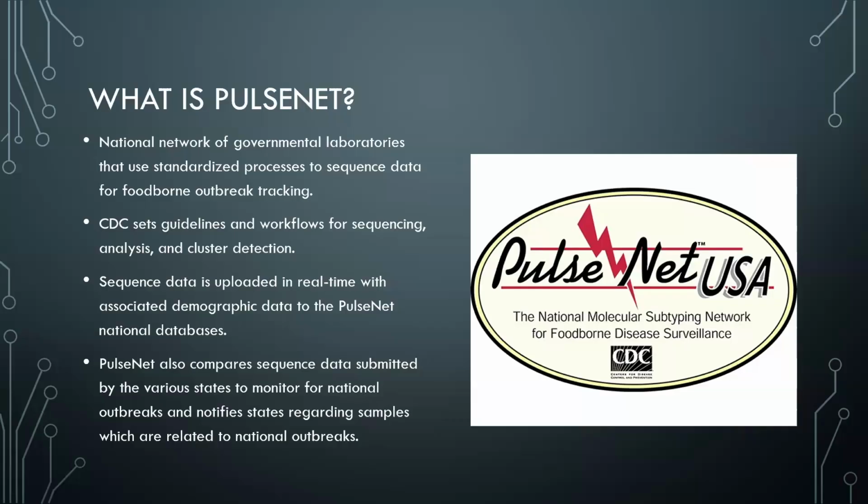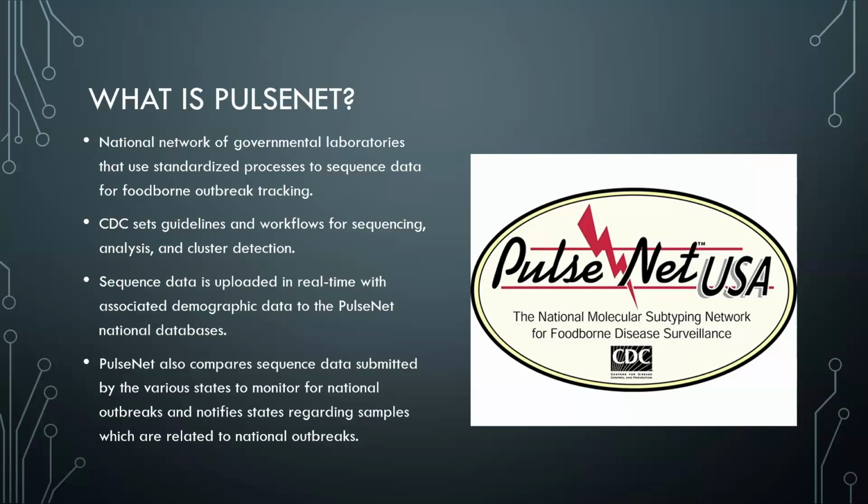PulseNet is a national laboratory network which standardizes sequencing data for foodborne outbreak tracking. The way they do that is the CDC sets guidelines and workflows for sequencing, analysis, and cluster detection. This data is uploaded in real time to PulseNet's national databases with demographic data per sample.